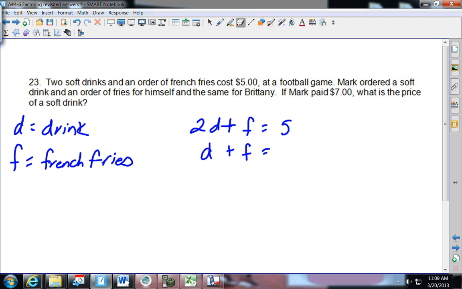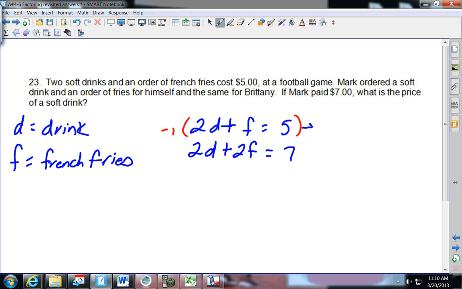Okay, so I guess it's got to be 2 drinks plus 2 fries. So both of them, they each got a drink and a fry, right? And Mark paid $7. Well, I can get away from the drinks by multiplying the top equation by -1.